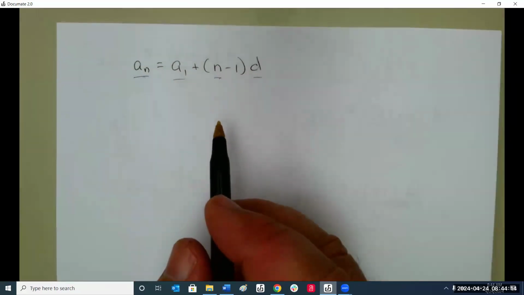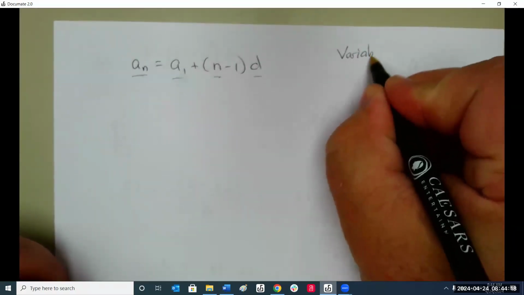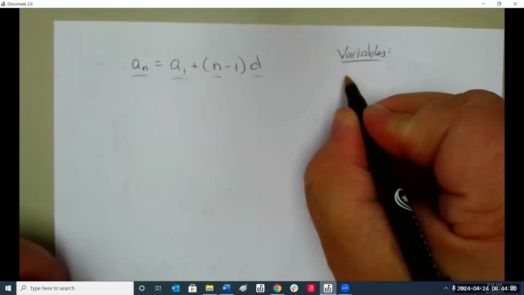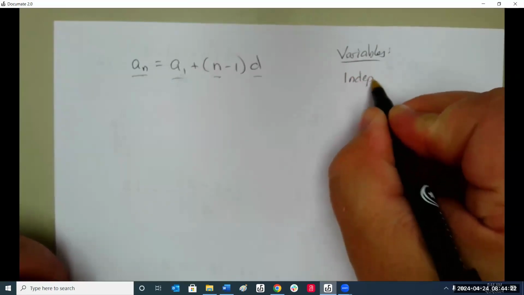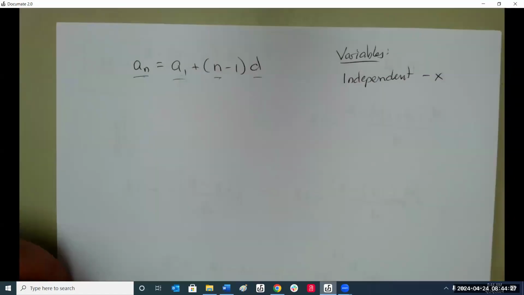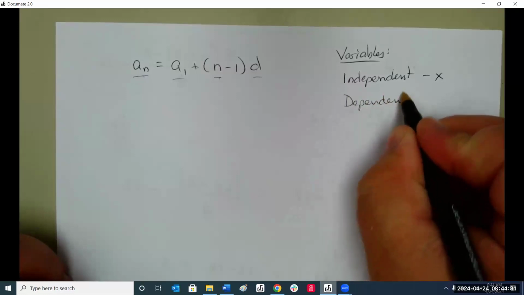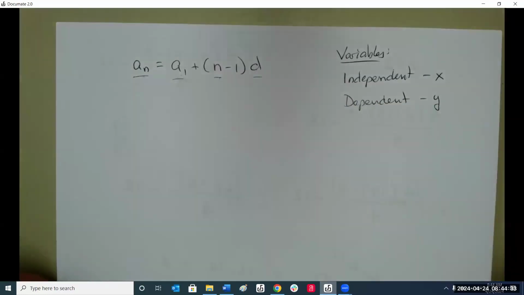Remember the two different types of variables we have? Independent, that's our x, and dependent, that's our y.